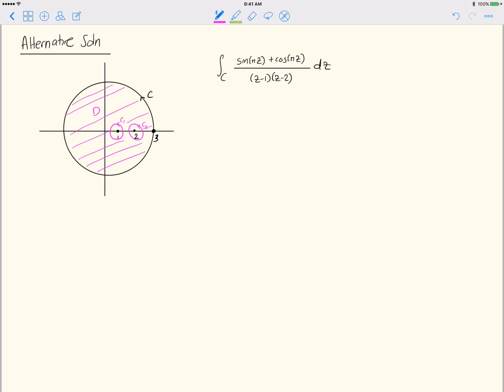And, moreover, you can see that the function which I'm trying to integrate is going to be analytic within D, isn't it? Because it's avoiding the points 1 and 2. So here, what I'm going to say, let D be the multiply connected region above.